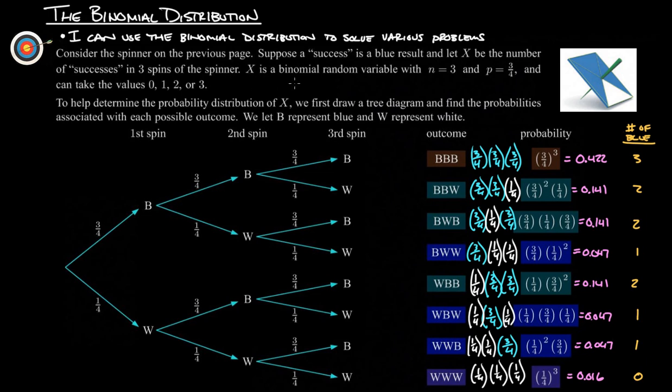X is a binomial random variable with n equals 3 and p equals 3/4. So n equals 3 means we're going to do 3 spins.